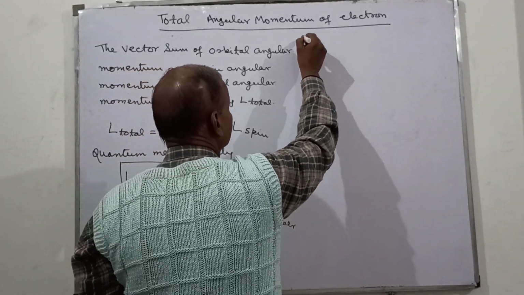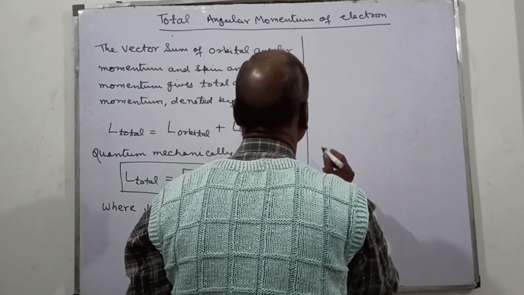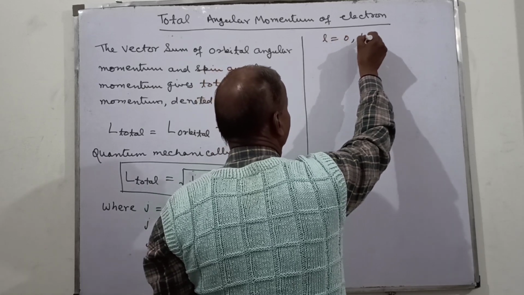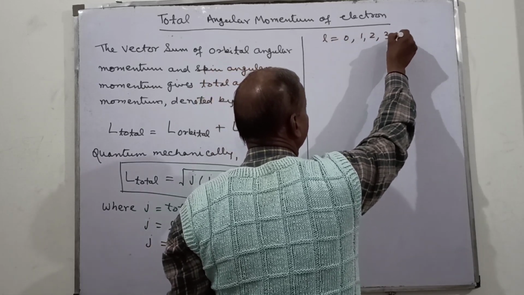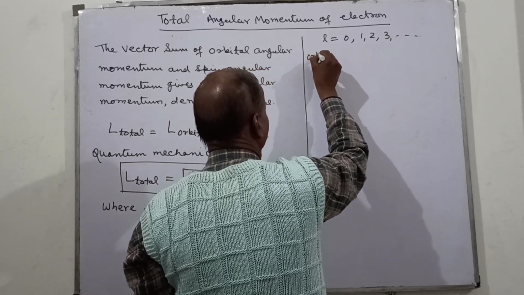Now we can have S orbital, P orbital, D orbital, F orbital. L is equal to 0, 1, 2, 3 and so on.